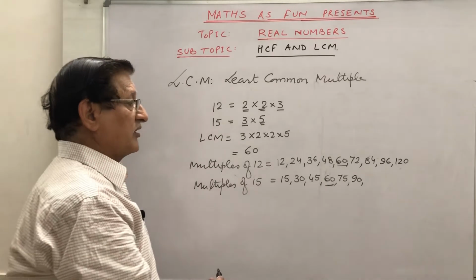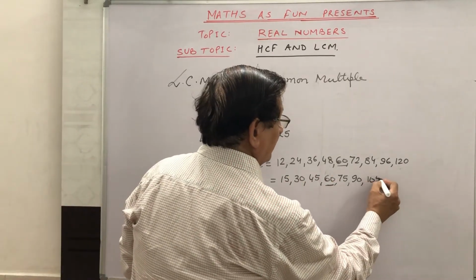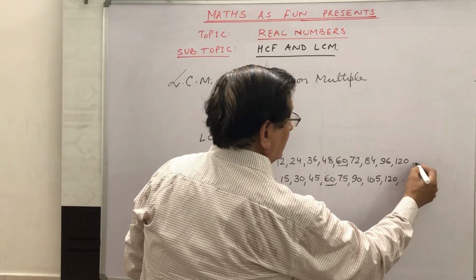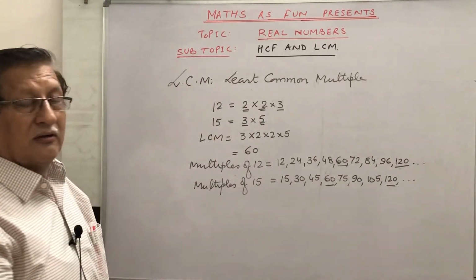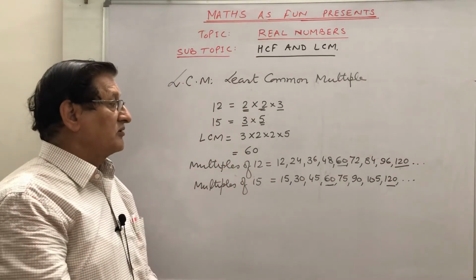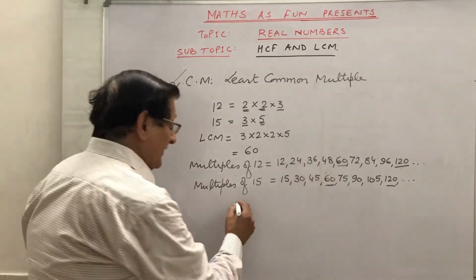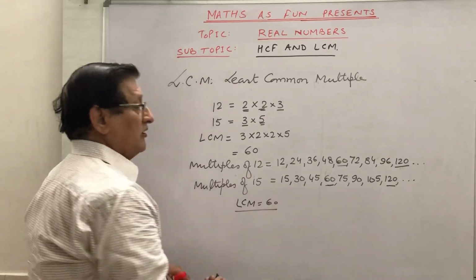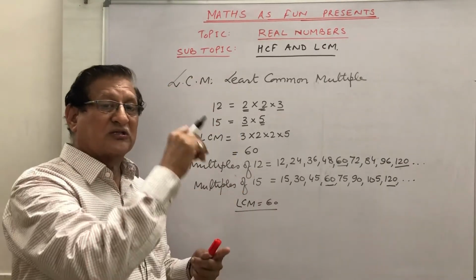Same way for 15 we can go, 15 into 6 is 90, 15 into 7 is 105, 15 into 8 is 120, and so on we can go. See, 120 is also one of the numbers which is the multiple of both. But which is the least one? Least one is 60. And that is the actual meaning of LCM, that this is the multiple of both the numbers, but this is the least one, the smallest one.